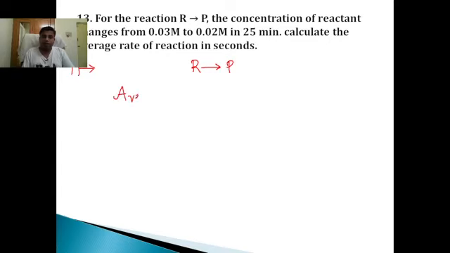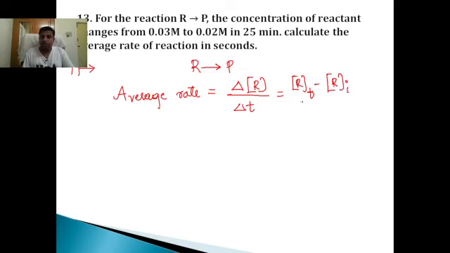We know average rate is given as del of concentration of R divided by del T. That means final concentration minus initial concentration divided by final time minus initial time. The concentration of the reactant changes from 0.03 molar to 0.02 molar.